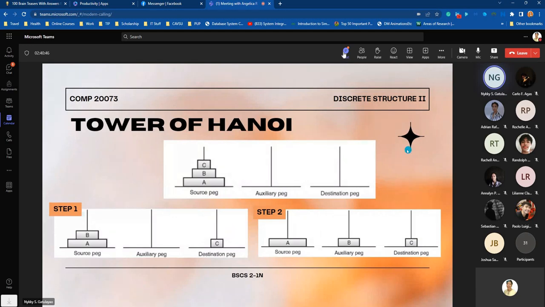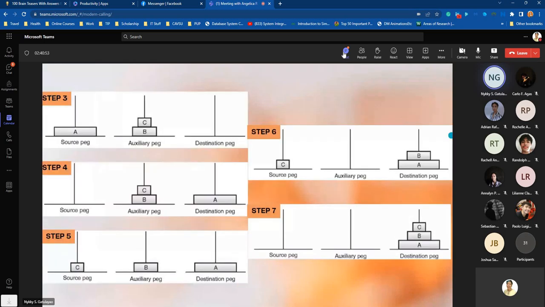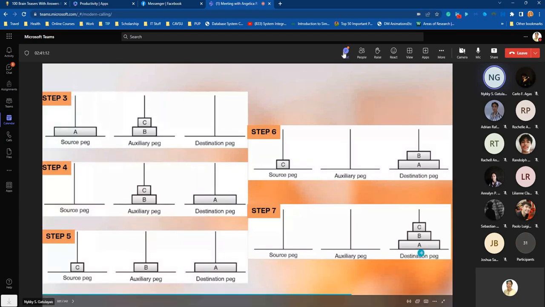Move disk C from the destination peg to the auxiliary peg. Step 4. Move disk A from the source peg to the destination peg. Step 5. Move disk C from the auxiliary peg to the source peg. Step 6. Move disk D from the auxiliary peg to the destination peg. Step 7. Move disk C from the source peg to the destination peg.